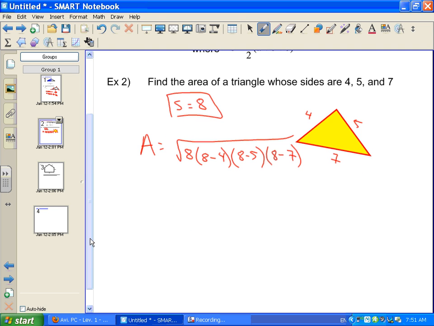And we just worked that out. So a big square root of 8 times 4 times 3 times 1. So that's 12 times 8, 96. Square root of 96.